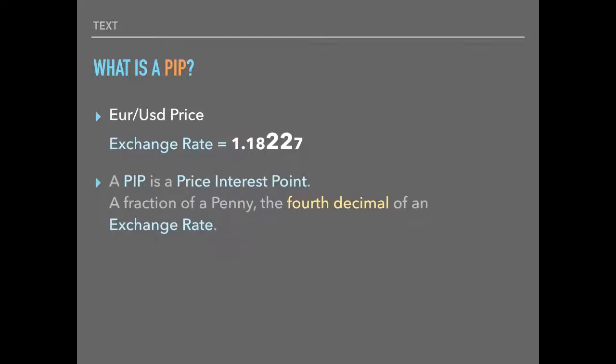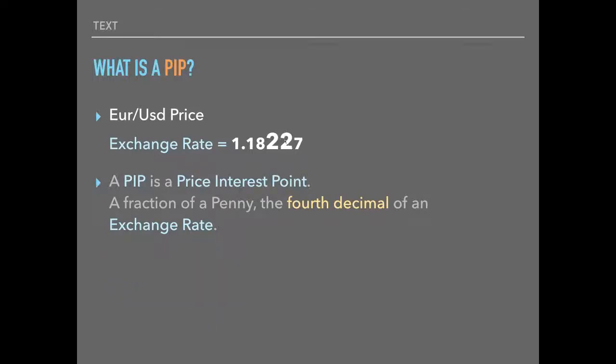Let's go to the next slide. A pip is a price interest point. That's the definition of a pip. It's a fraction of a penny, the fourth decimal of an exchange rate. These are bold and bigger because this is where the pips will be, the fourth decimal.